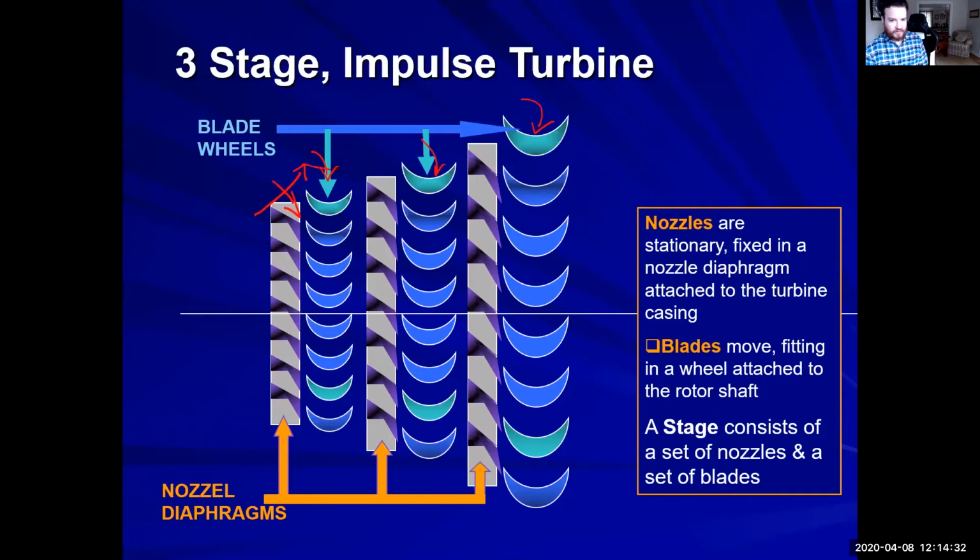Then when we go through the blades, we decrease in velocity, but we still have more energy to give. So we need a bigger surface area to act the same amount of force for less velocity or less pressure.